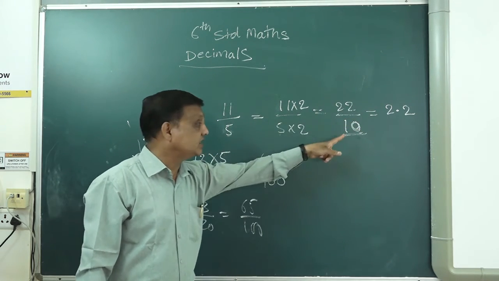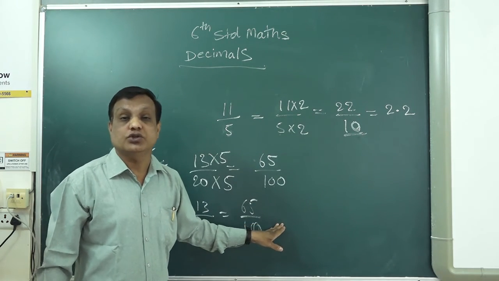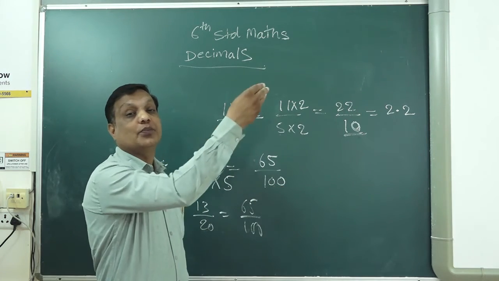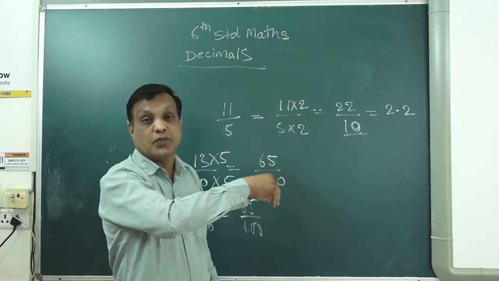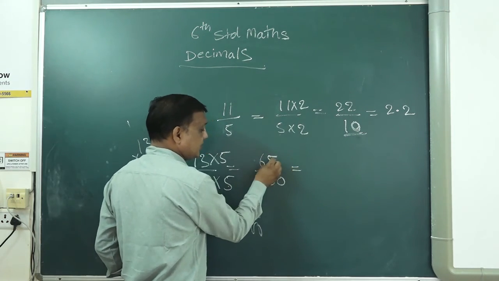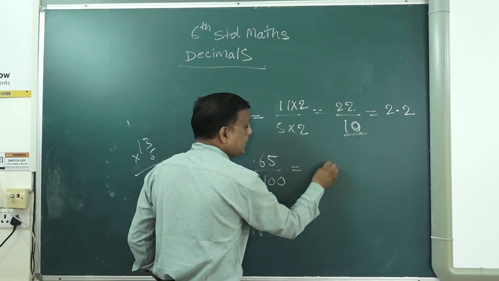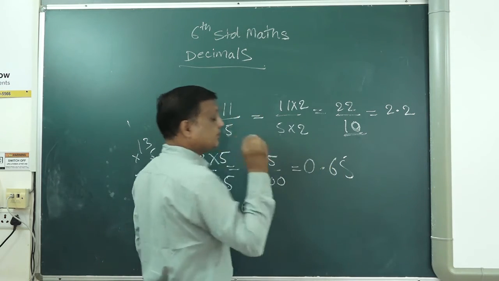Now as here are 2 zeros, you have to place the point 2 digits before in the numerator. So 0.65. Before the point you can place a 0.